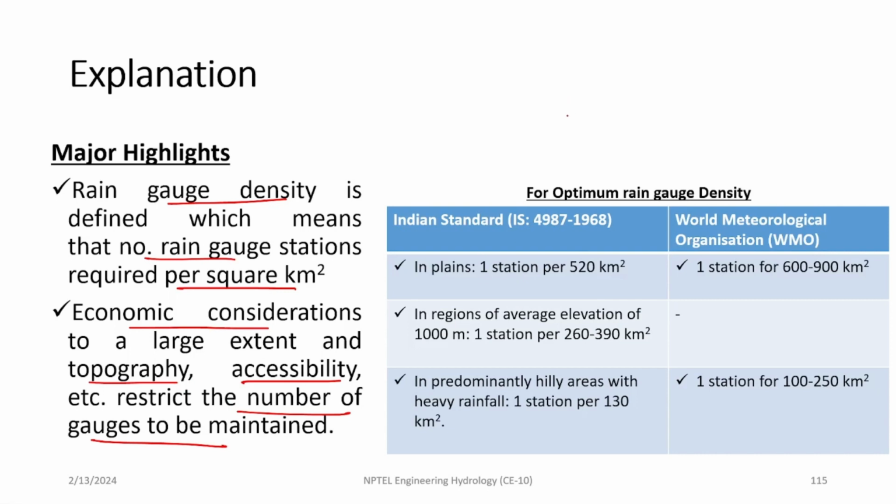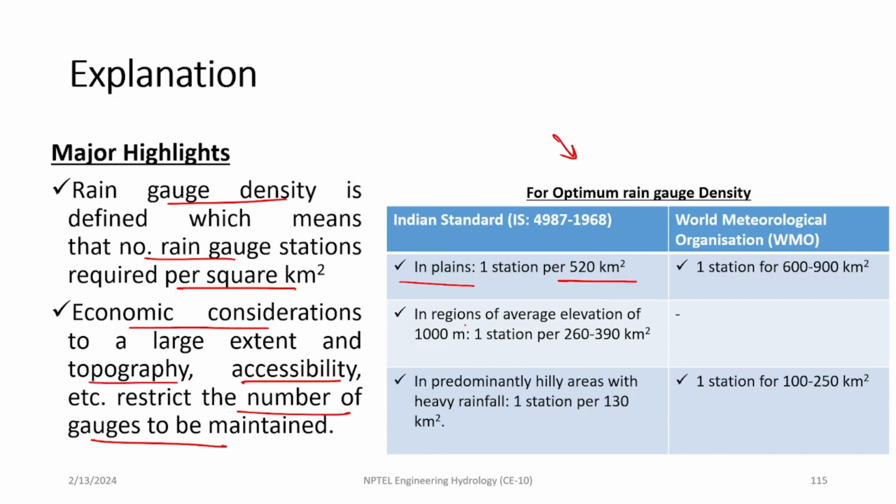Now you can also see there is a difference between the Indian standard condition and the recommended values provided for optimal rain gauge condition. In Indian conditions, in the plain areas we need at least one station for covering 520 square kilometers of area.